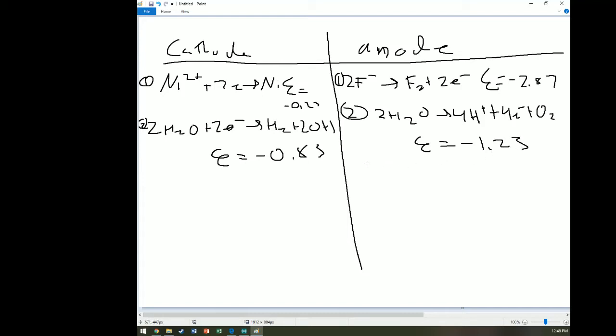There's another reaction you have to consider, but its cell potential is like minus 1.78. It doesn't really matter in the grand scheme of things. It's an oxidation half reaction.